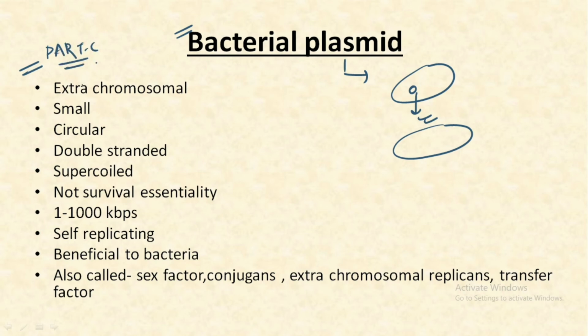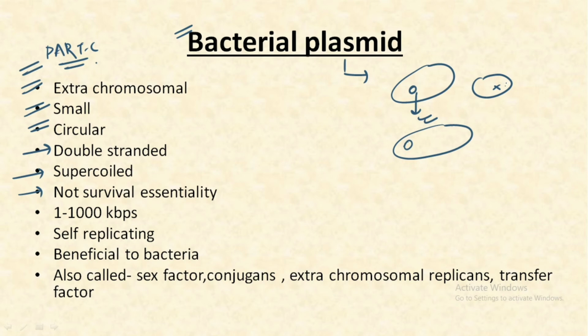So bacterial plasmids are extra chromosomal. They are mainly small and circular in structure. They are double stranded, supercoiled. They are not an essential component for survival, that is, whether the bacteria have a plasmid or not does not define whether the bacteria would survive.